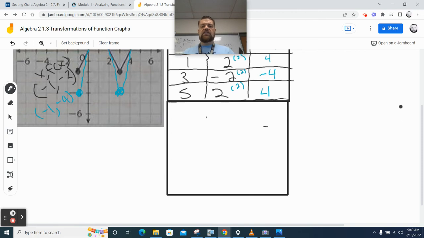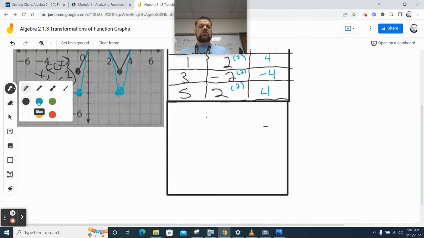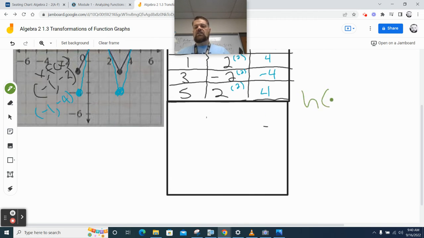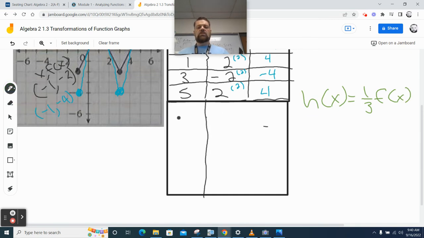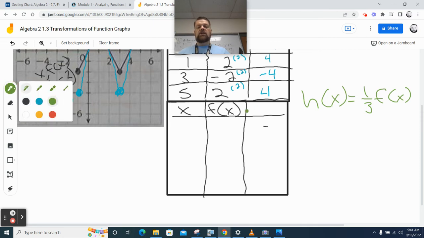We know what f of x and g of x are, but let's do another function. Let's say that h of x is equal to 1/3 of f of x. So we're going to write these same values down that we wrote before. So this would be x. This is f of x. And then over here, we're going to do h of x.